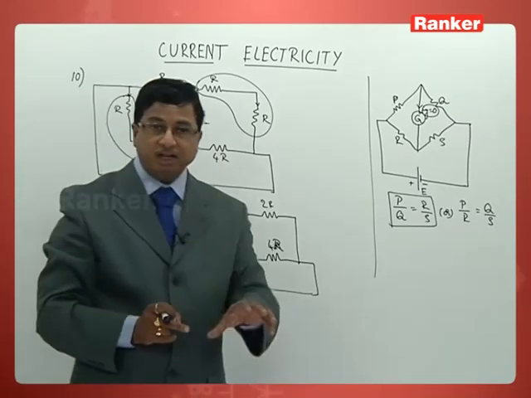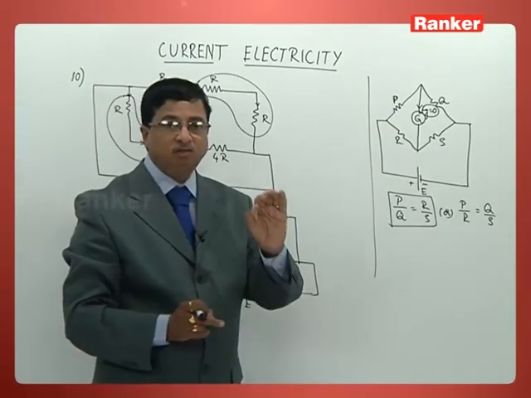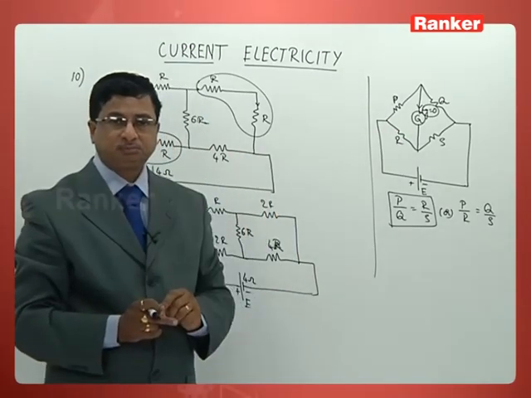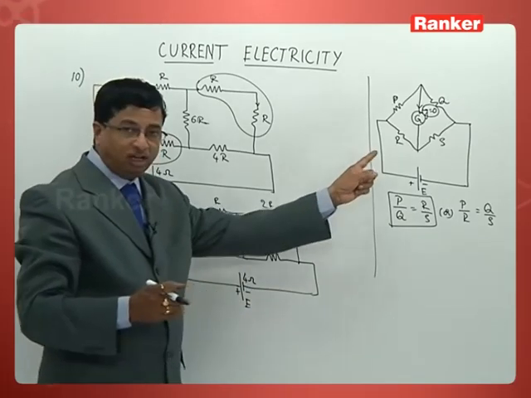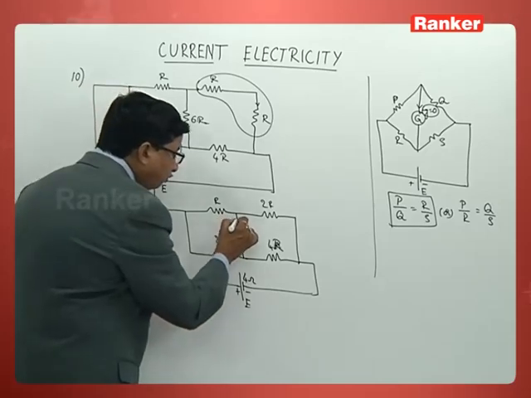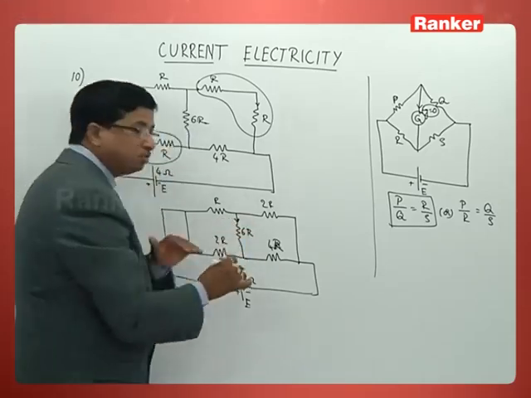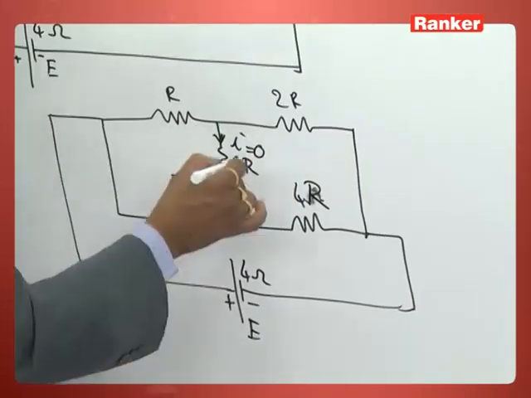When it is valid, what is the result? Current through galvanometer will be 0, which is similar to current through 6R resistance being 0. So current across this one will be 0.